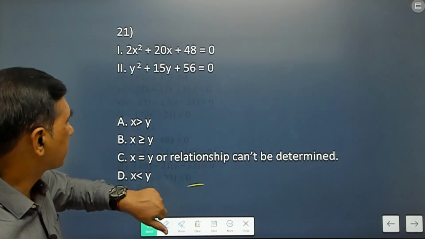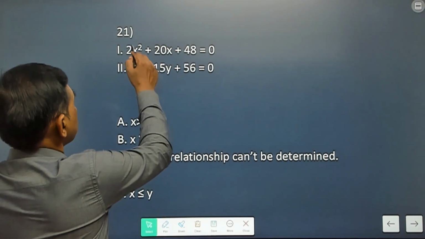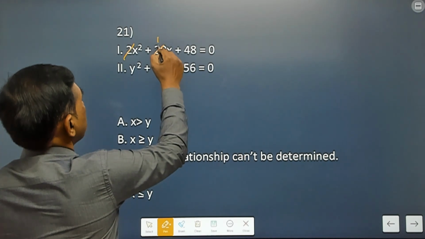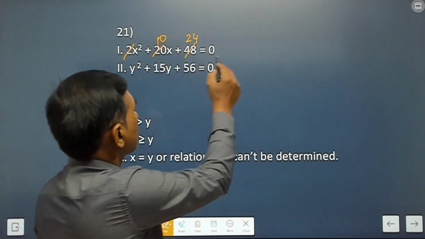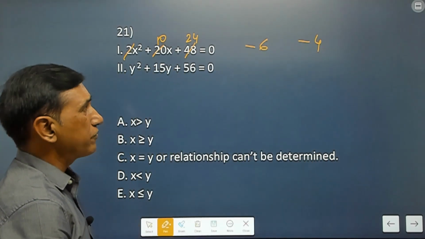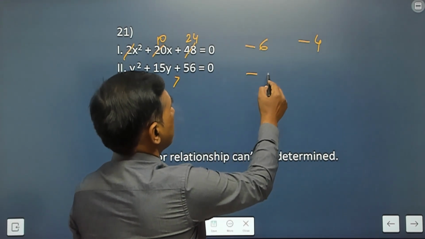Stays 17, 21. Here simply 10 and this is 24. So this is giving you minus 6 and minus 4. 6 times 4 is 24. Here 8 and 7. So minus 8 and minus 7.